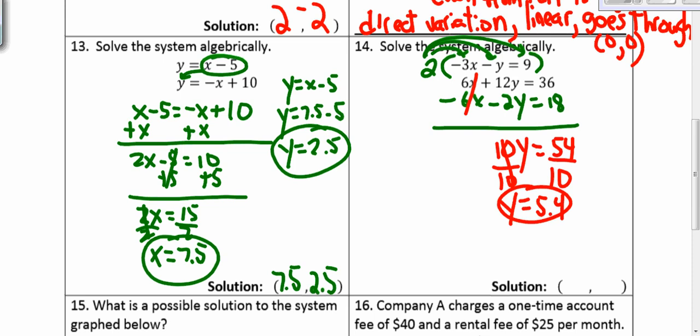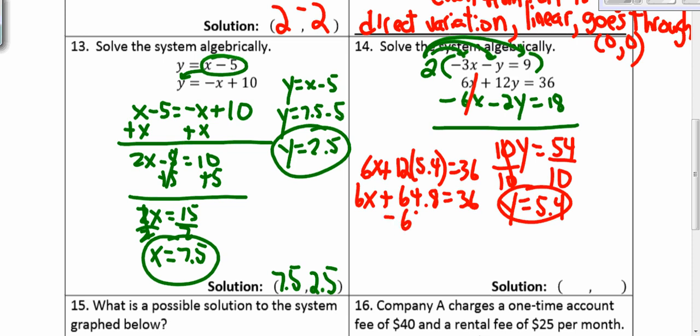It's a little annoying, but it's okay. Then I took the bottom equation, 6x plus 12y equals 36, and remember my y is 5.4. 12 times 5.4 is 64.8.